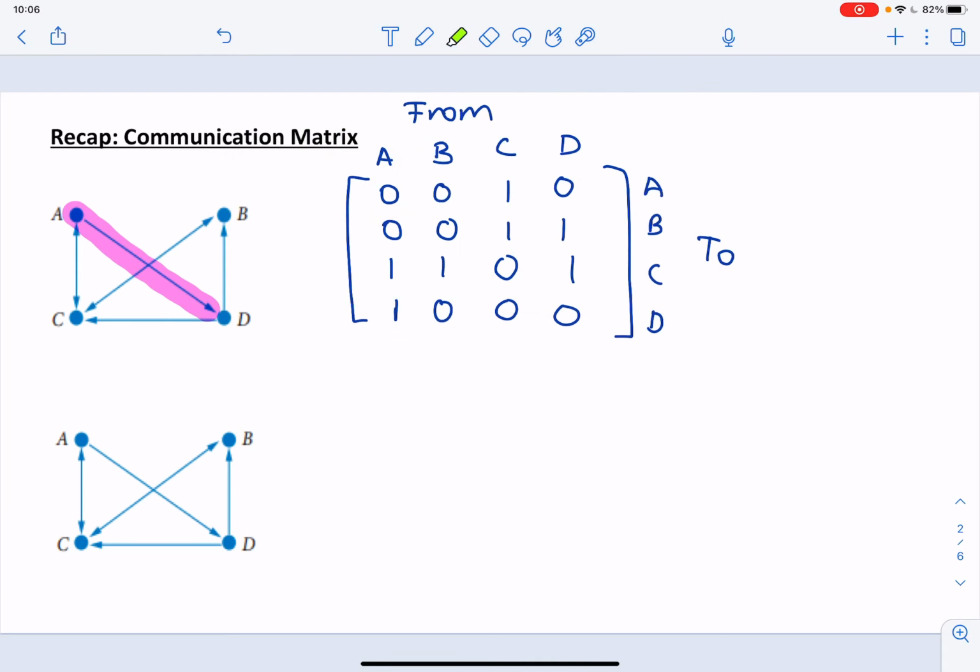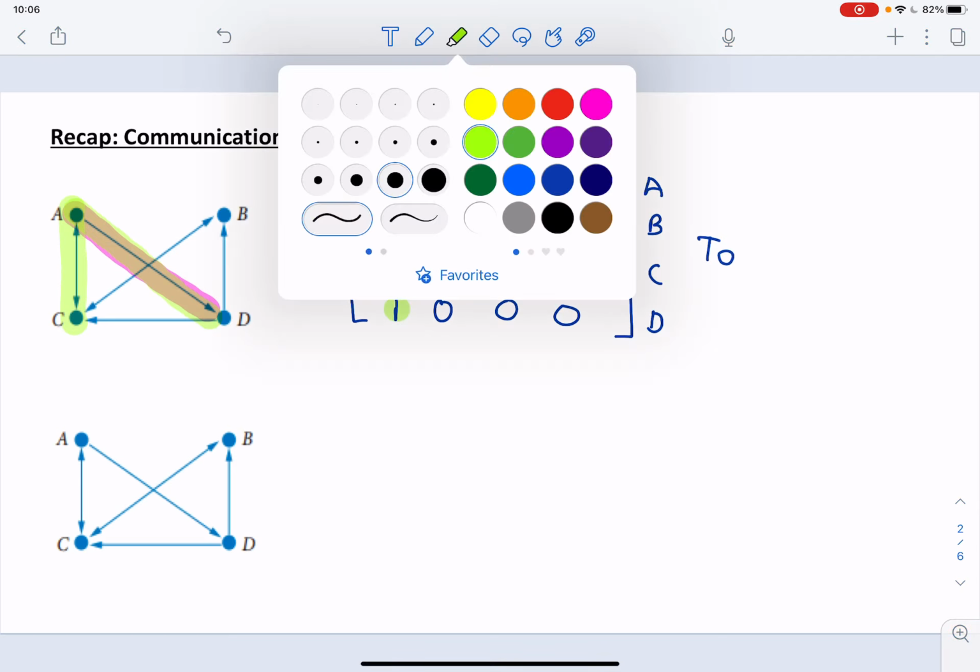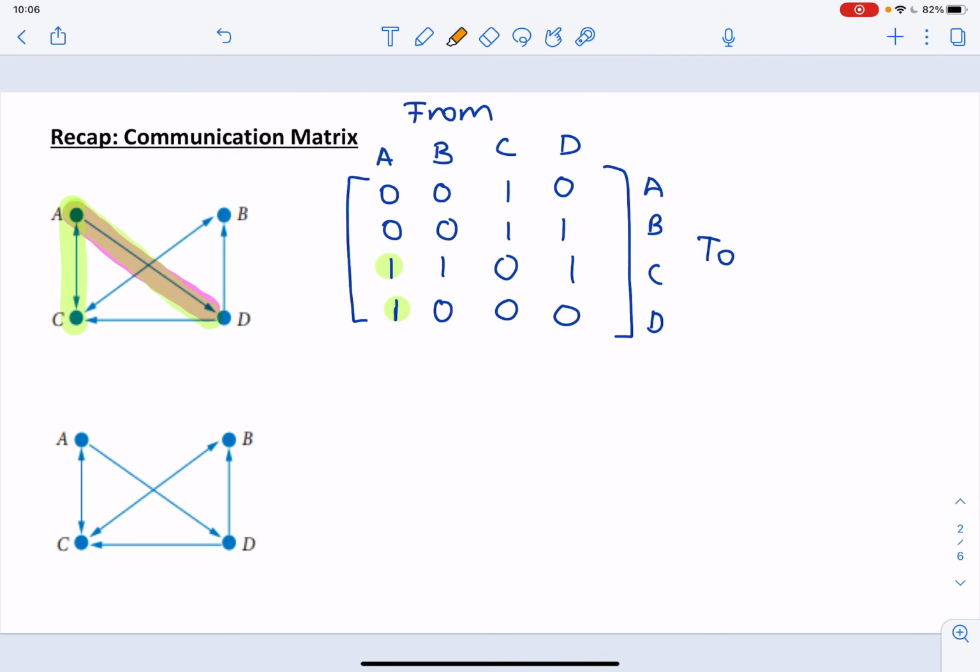I can get from A to D here, and that's my pink line, which is now green. I can get from A to C there. Then changing colour, we'll go orange. B, I can't get from B to A, which is why I've got a 0. I can't get from B to B. I can get from B to C, and I can't get from B to D because the arrow travels in the wrong direction just up here.